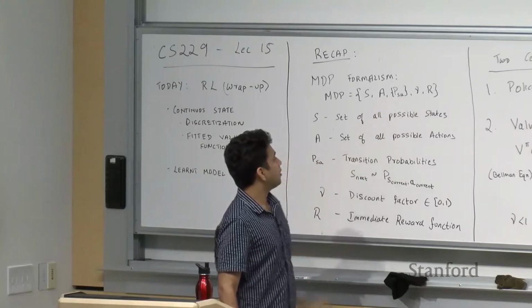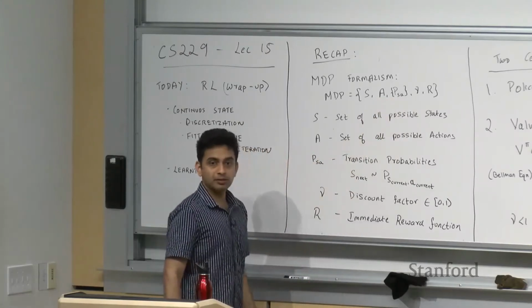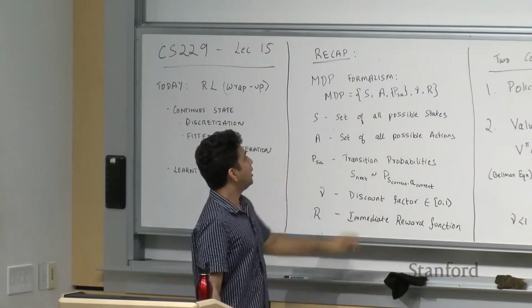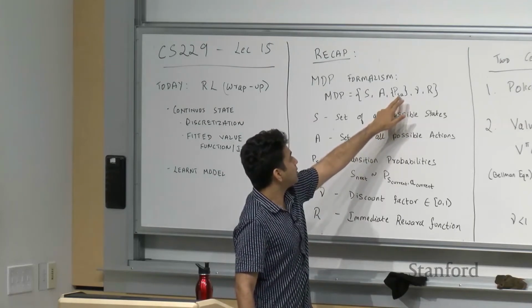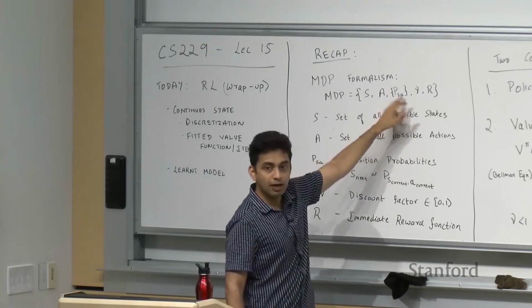P_SA is what is called the transition probabilities. So we have a set of transition probabilities for the set of all states and the set of all actions.